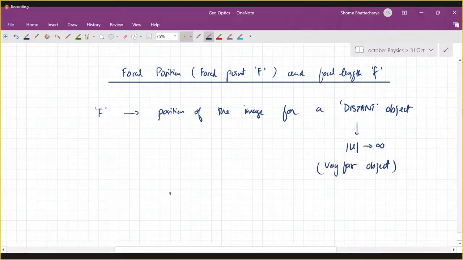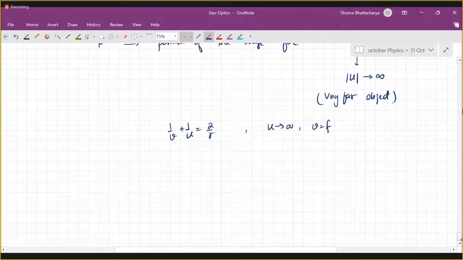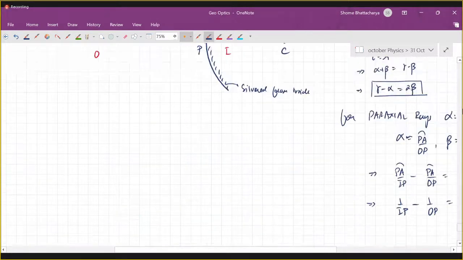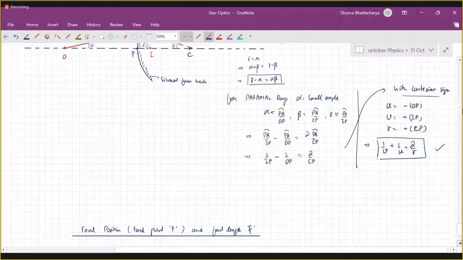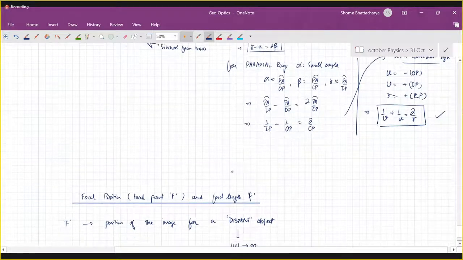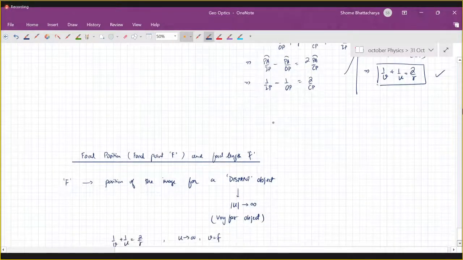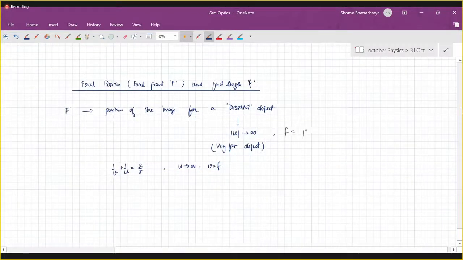So when you look at the formula, 1 by V plus 1 by U is equal to 2 by R. So here when we put U tending to infinity, the position of the image becomes the focal position. Of course, whatever we are doing is with Cartesian sign.